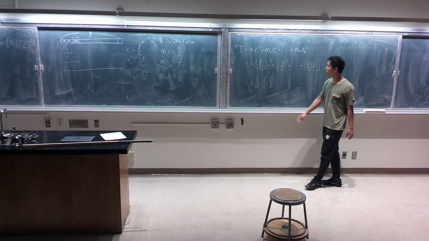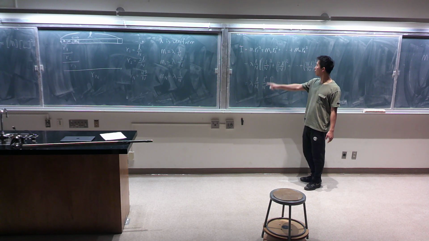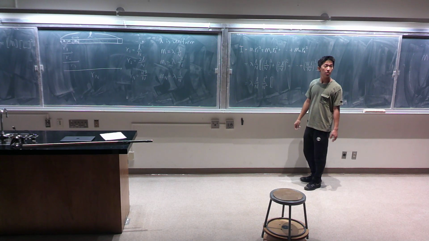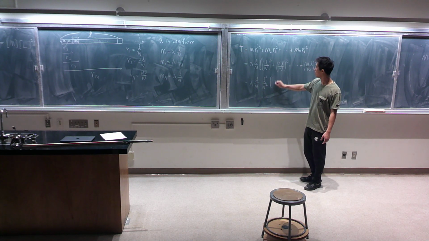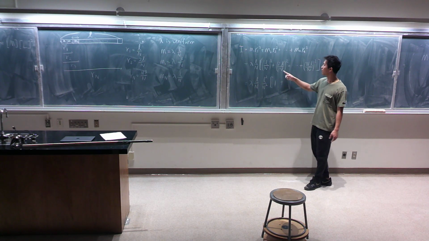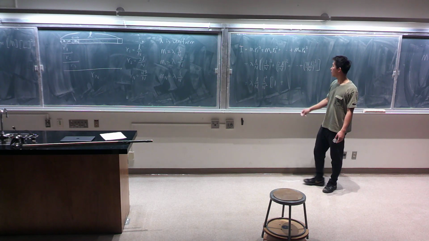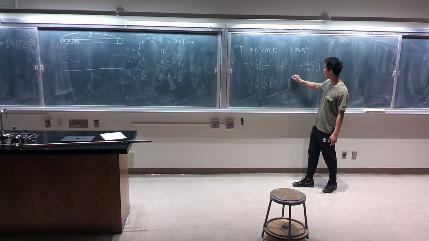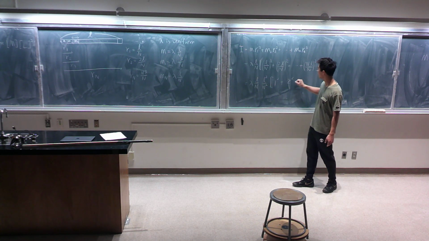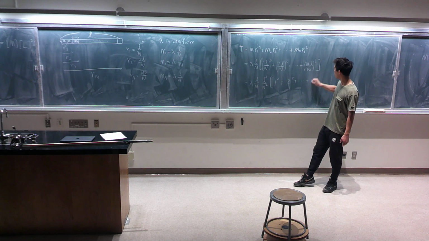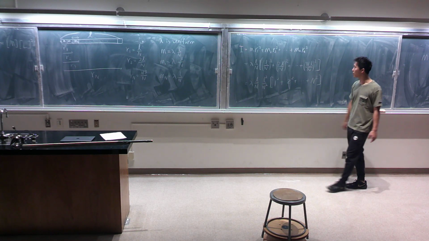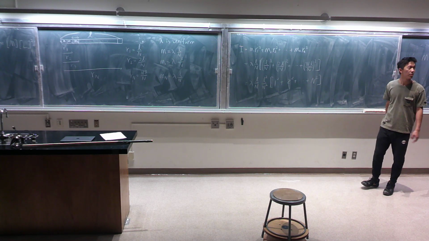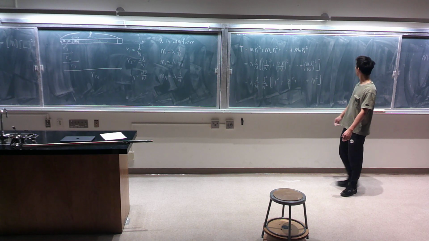If I take away L squared divided by n squared, what will be left for the first term? 1. Good. And what will be left for the second term? 2 squared. Yeah, that's right, as 2 squared and 1 squared. So the term in there will just be 1 squared plus 2 squared plus 3 squared all the way to n squared. Okay?